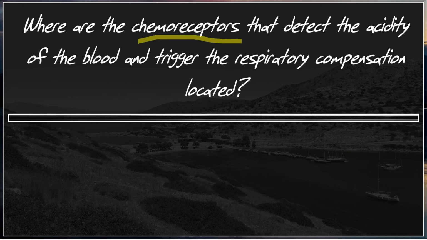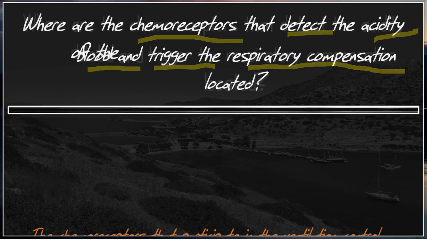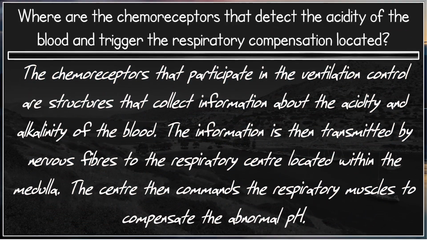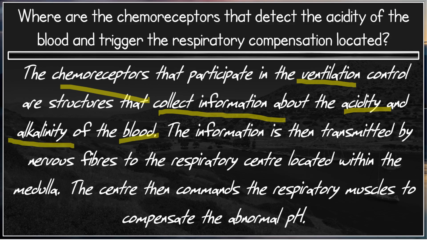Where are the chemoreceptors that detect the acidity of the blood and trigger the respiratory compensation located? The chemoreceptors that participate in ventilation control are structures that collect information about acidity or alkalinity of the blood.